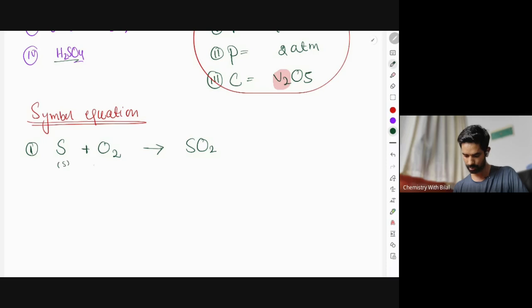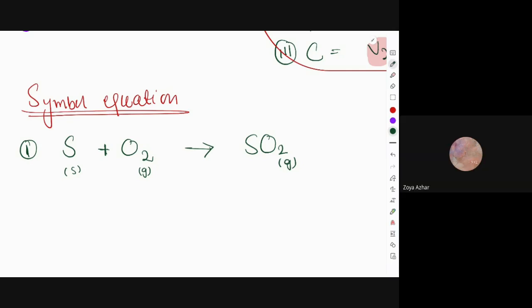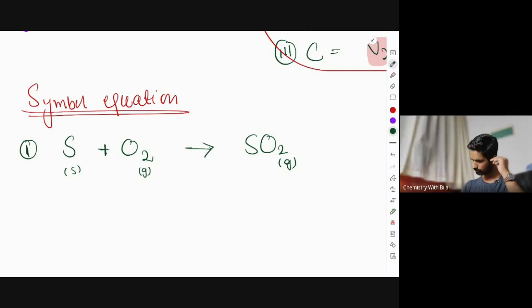Sulfur is solid, oxygen is gas, and sulfur dioxide is also a gas. What type of reaction is this? Is it reversible or irreversible? It's so easy, just tell me. Irreversible. You're burning, so it's a simple combustion reaction.